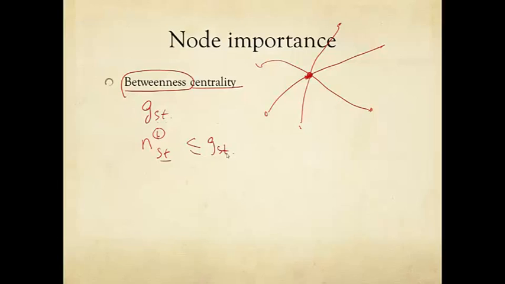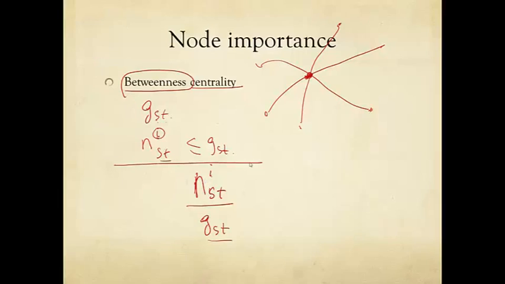Now this requires you to count for each pair st the number of shortest paths. There might be only one, and node i might not be on it. Then you have 1 for g_st and 0 for n_st^i. So now, for each node pair st, they may have many shortest paths, so you have to normalize by g_st. Okay. How many are you node i sitting on top of?